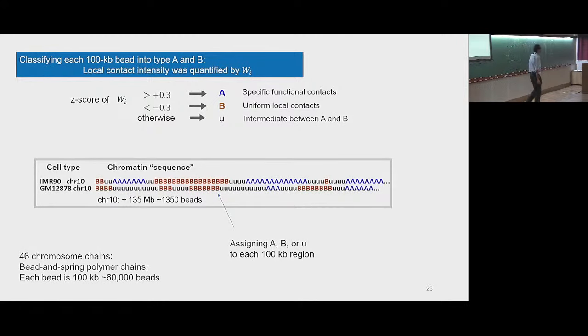Of course, we can also make a sequence annotation using the ChIP-seq data for the histone marks, for example.